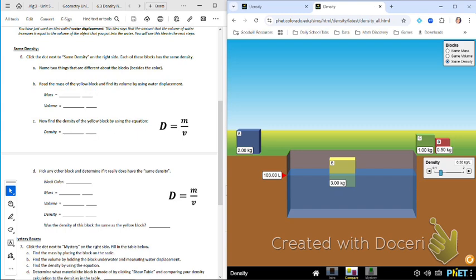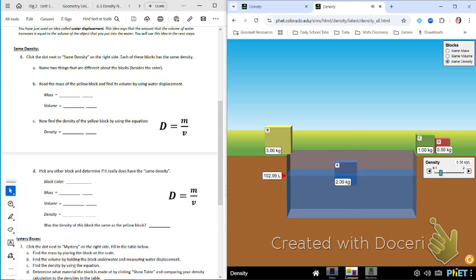So if we do this again with blue, what is blue's mass? 2. If I hold it under the water, what's our volume going to be? The volume is 4. We went from 100 to 4.